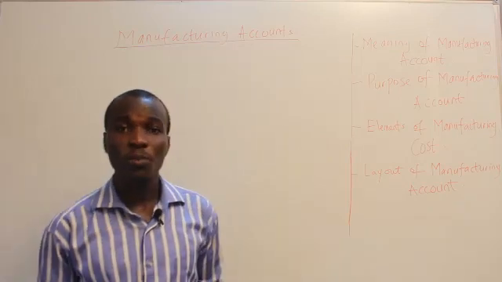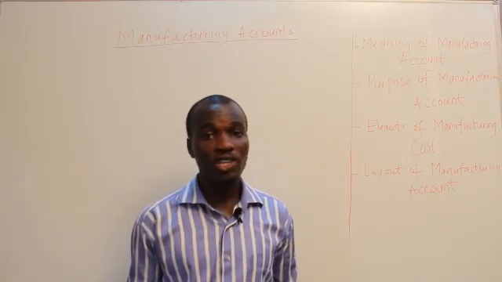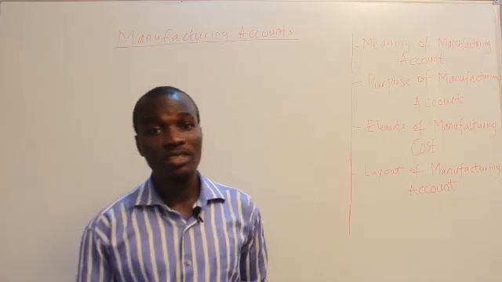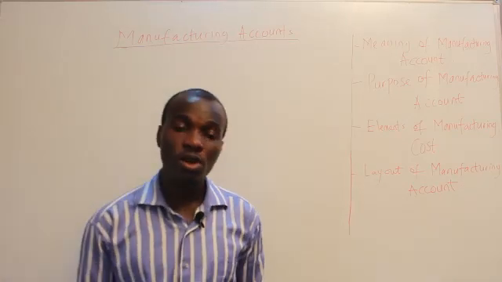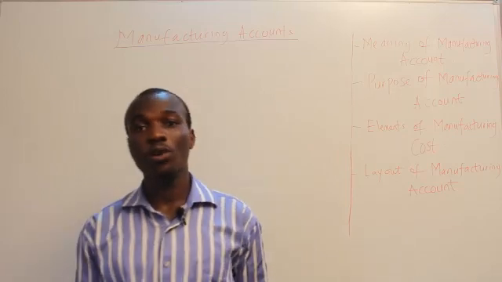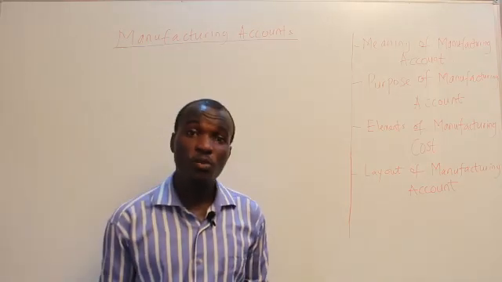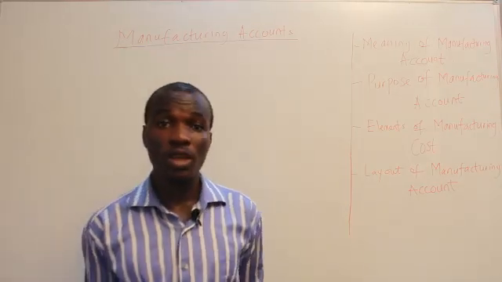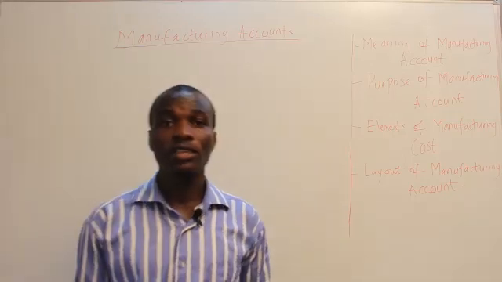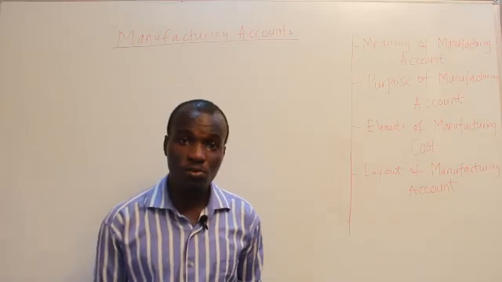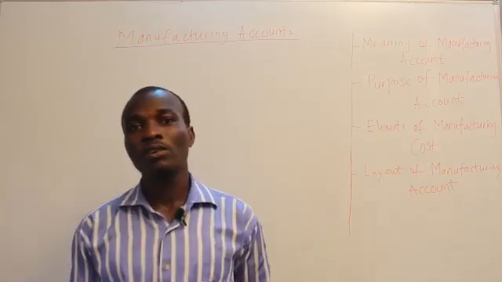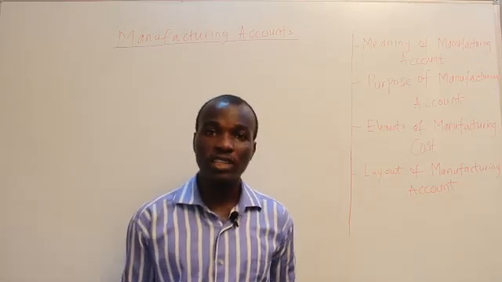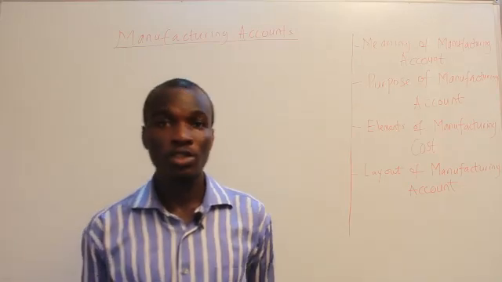So the purpose of manufacturing account actually is to determine the cost of goods manufactured. All the costs incurred in the manufacturing of that goods have to be calculated in order to determine the total cost used in producing that goods and services. So the organization must know what is the total cost that will be incurred by them in the production of that goods.